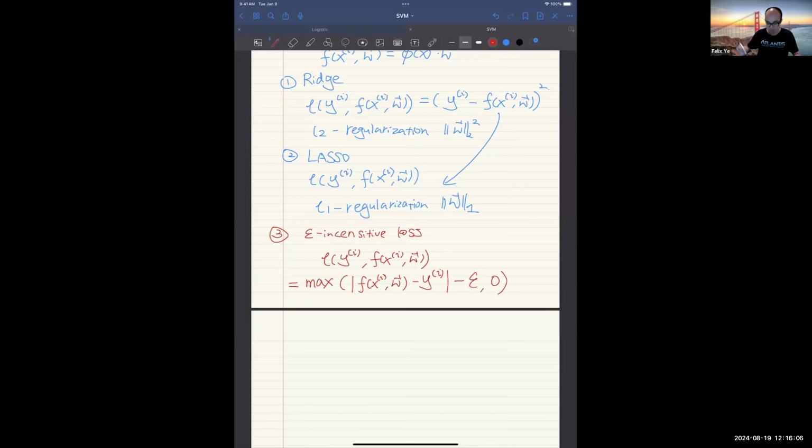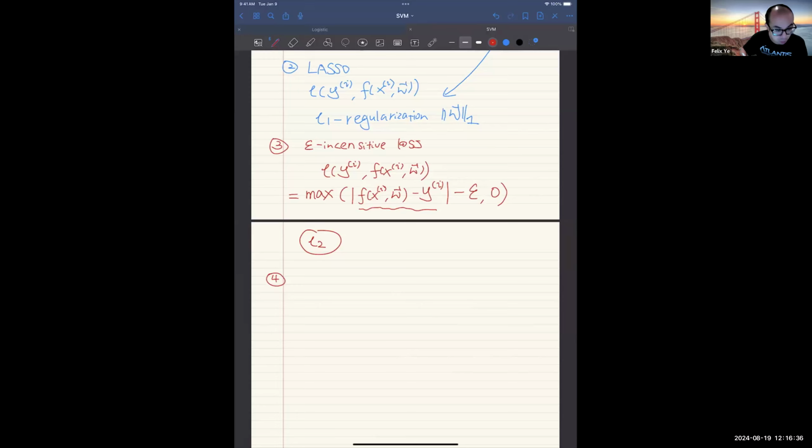So that means if this value is less than epsilon, it will just be replaced by 0. If the difference between the truth and the output is bigger than epsilon, it will be replaced by this value subtracted by epsilon. Of course, you can put L2 regularization if you need it.